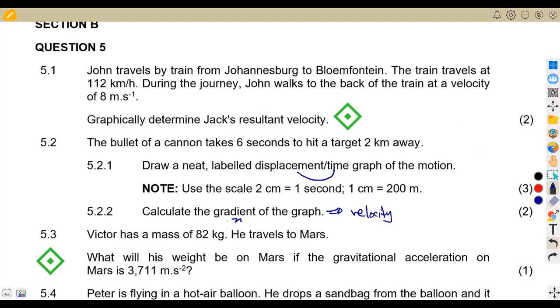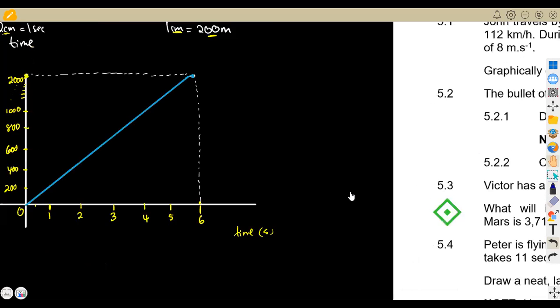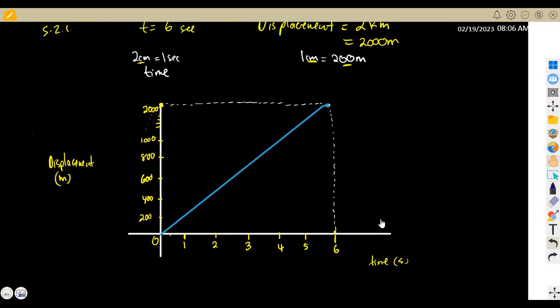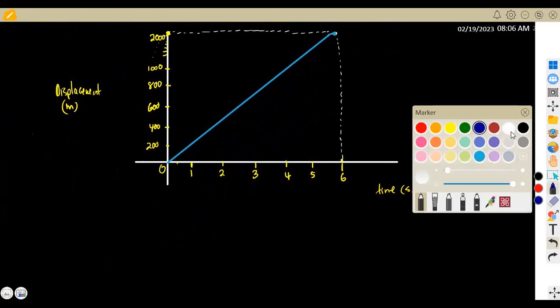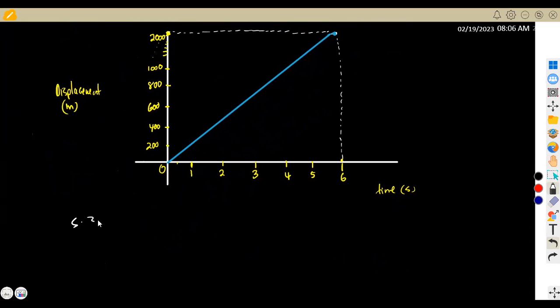So here, the gradient represents the velocity, of which we know that velocity is change in displacement over the change in time. So we can have this as a formula. So that's 5.2.2. Our gradient, which in this case represents the velocity, is equivalent to the change in displacement over the change in what?